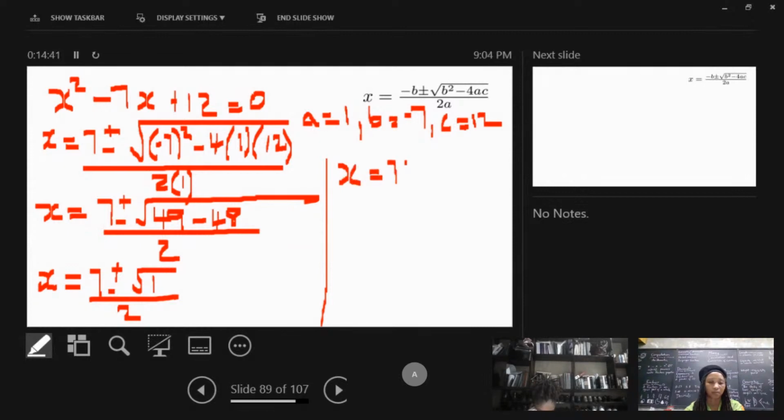So x is equal to 7 plus 1 over 2 and x is equal to 7 minus 1 over 2.